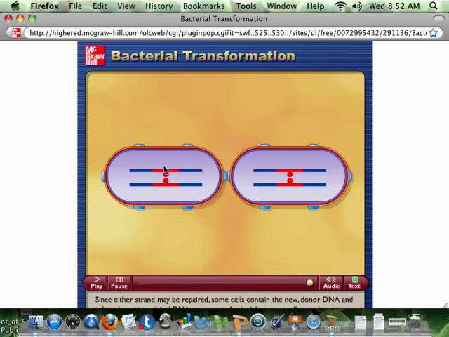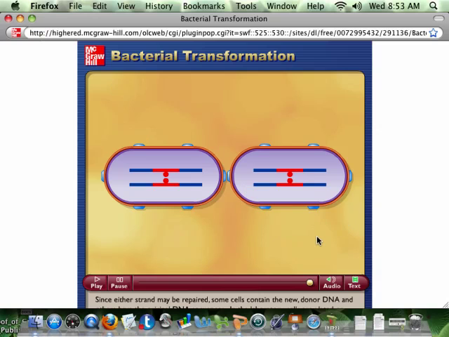It's not like the new strand being synthesized that's not yet methylated. So it can't tell the difference between the original parent strand and the new, recombined strand of DNA. So there is a chance that the new piece of DNA will be incorporated in some of the bacteria through this process of transformation.